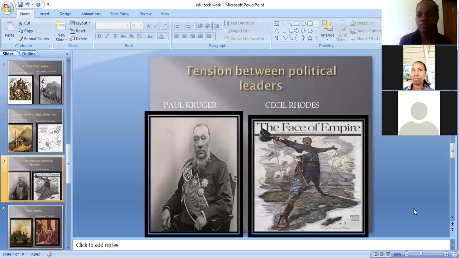If there was no tension between the two leaders, there could be no way the two groups would come to war. So the tension between the political leaders also enhanced the First Anglo-Boer War in South Africa.